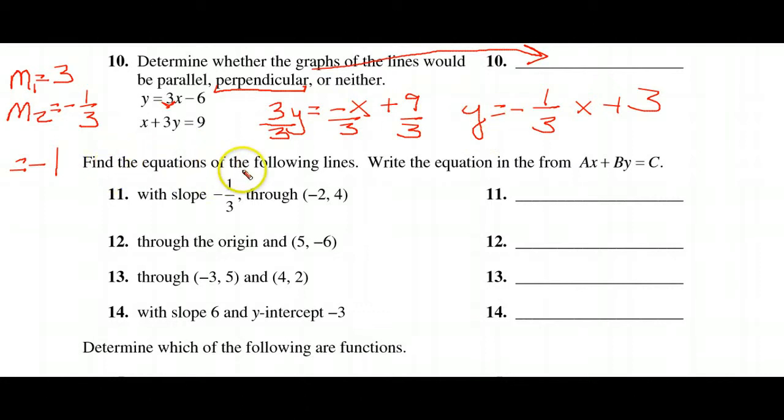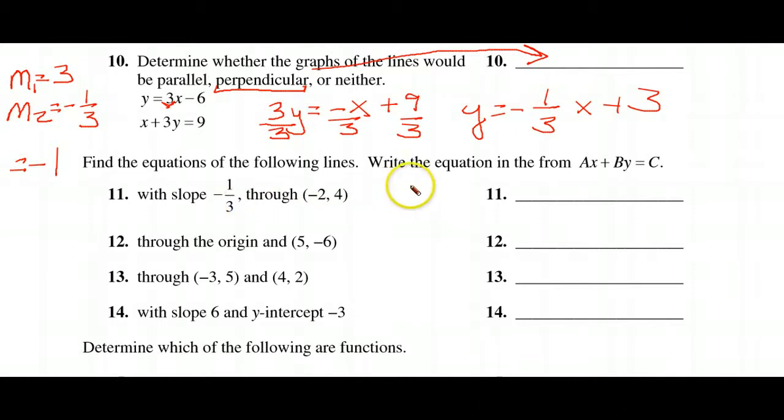Okay, find the equation of the line and put it in standard form. Now it has the slope of this, and it's going through this. So again, what strategy can you use to find this?